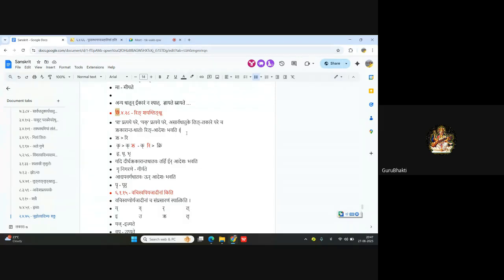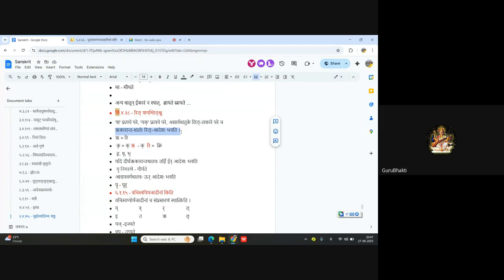It is based on the dhatus, the ganas. It depends on all those things. So we don't have to worry about it for now. When we do those prakriyas, then only. For now, just remember this much.